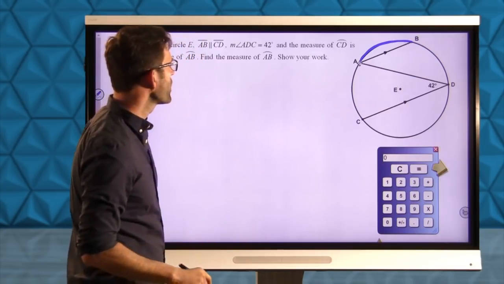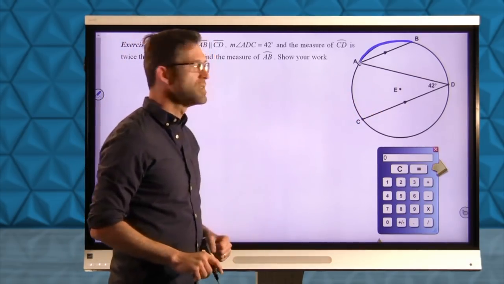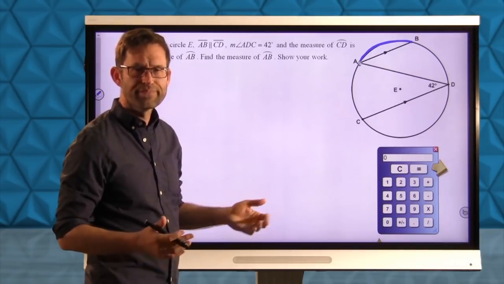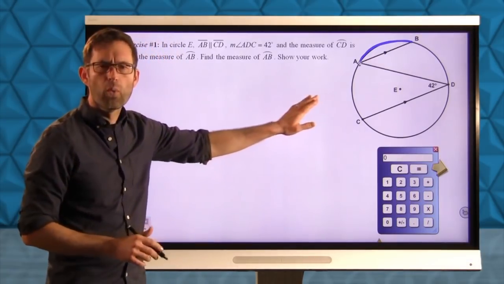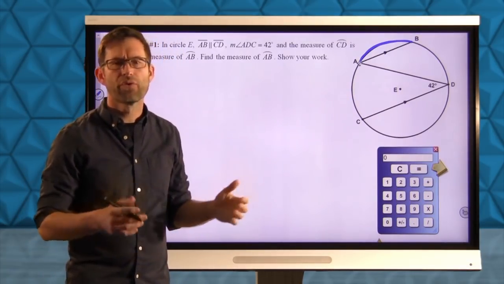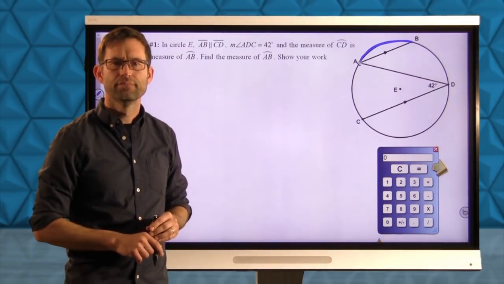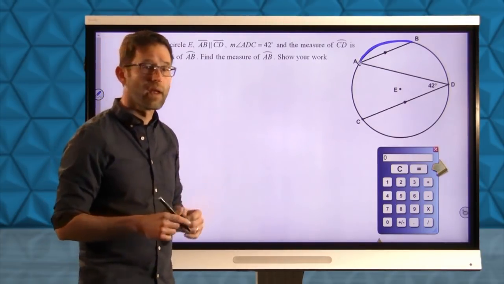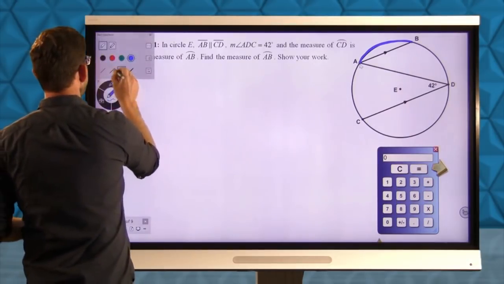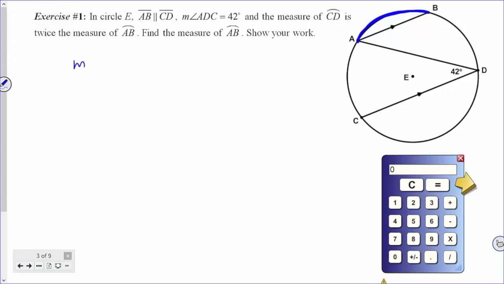So what do I know? Well, I know ADC is 42 degrees. What can I do with that 42 degrees? What other thing can I learn? Well, one thing that I can figure out is that the measure of arc AC, which is right here, would have to be twice that 42 degrees.